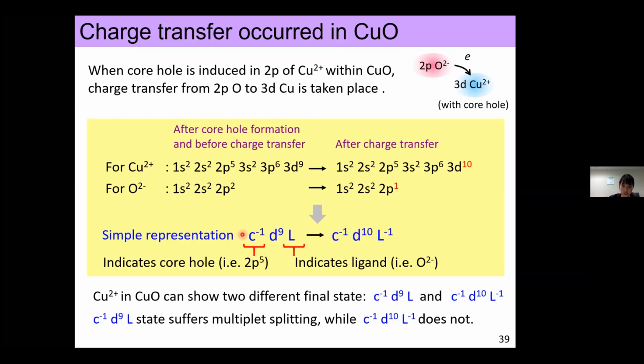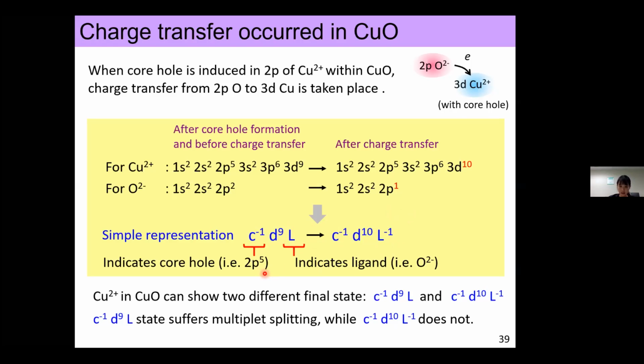Here, c⁻¹ indicates core hole 2p⁵, and L indicates ligand, that is oxygen. So this means after electron transfer, the number of electrons in d of copper increases by 1, while the electrons from oxygen decrease.